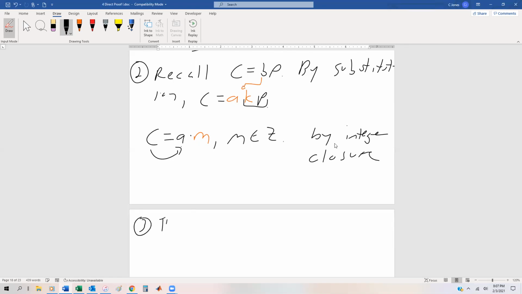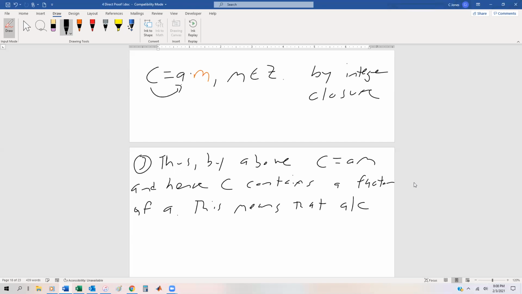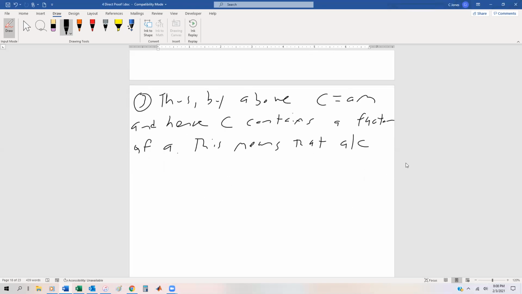Okay, so we can say thus, by above, C is equal to AM, and hence C contains a factor of A. This means that A divides C by the very definition of divisibility.